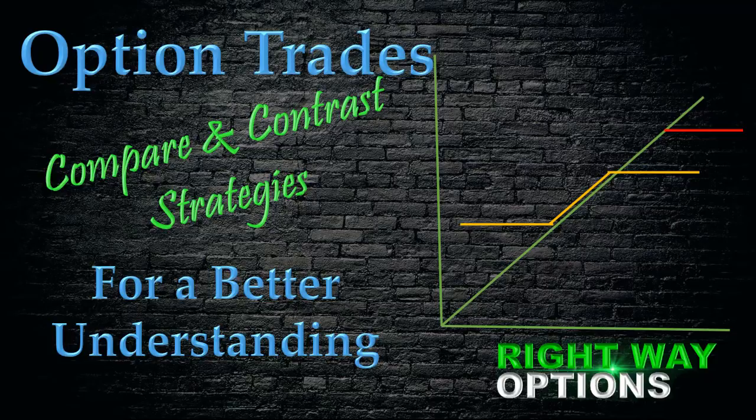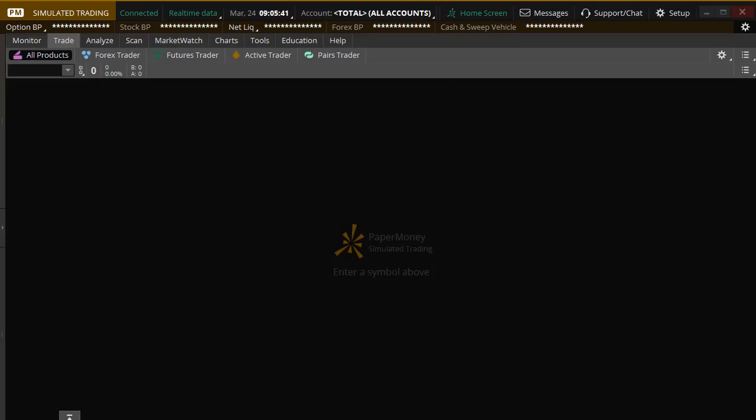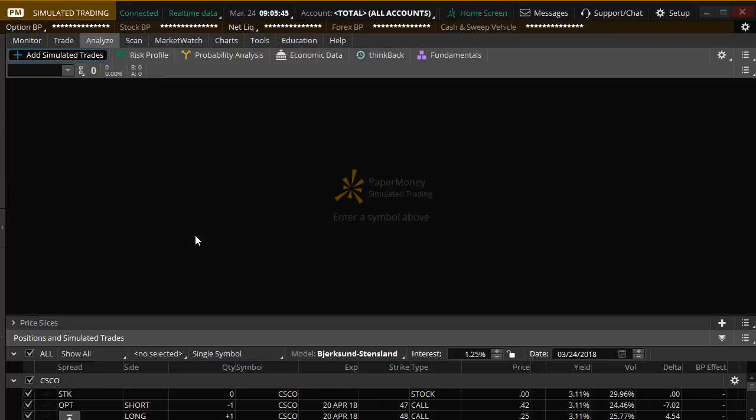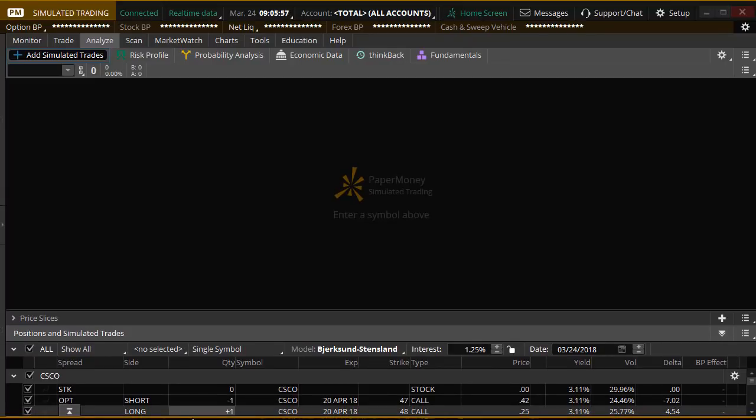Okay, so we're going to start off. I'm going to get Thinkorswim up here, and we're going to run over here to the Analyze tab. Let's make sure you guys can see everything that you're supposed to be able to see. I had to adjust this around a little bit yesterday for a coaching session.